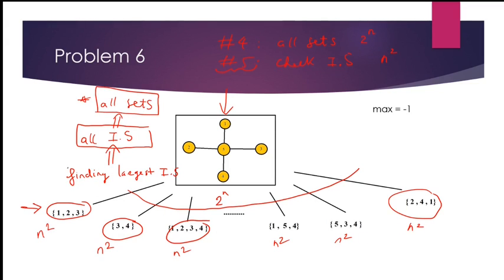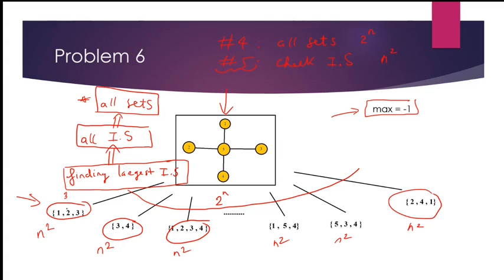But now, for the last step, you have to find the largest independent set. So after checking if the set is independent or not, if it's yes, we're gonna compare the size of the set, which is 3, with the variable max that we create right here. The variable max keeps track of which independent set is the largest.